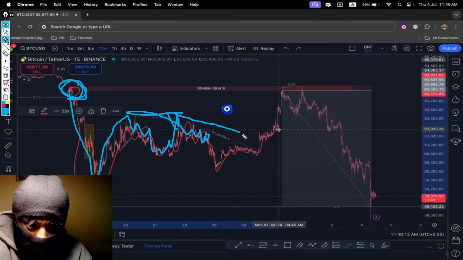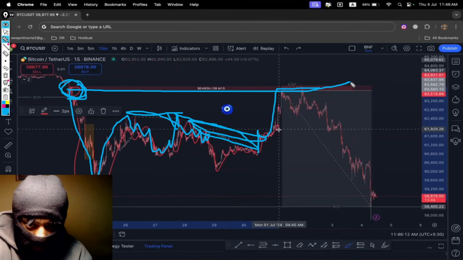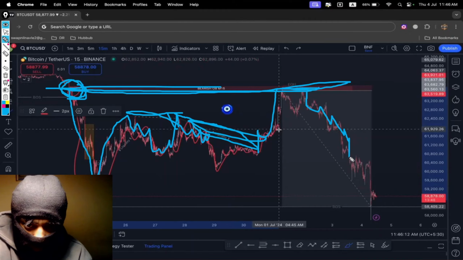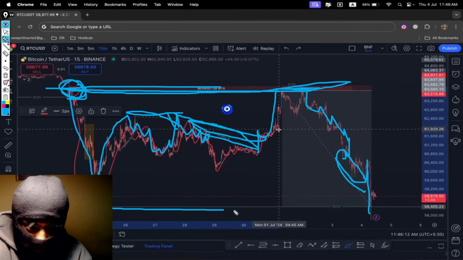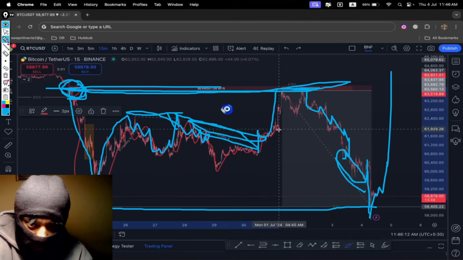This is all liquidity. Price pumps, goes up to equal highs, here is like resistance, then drops. All these are liquidity again. It downs, confirms this weak low, and from here the market tends to go up.